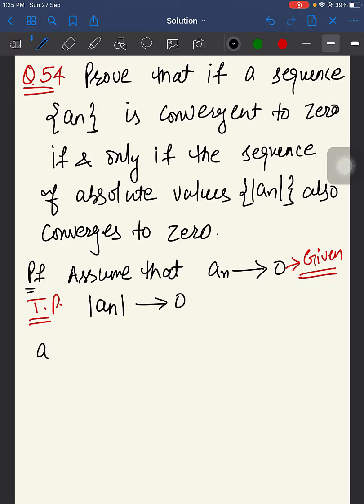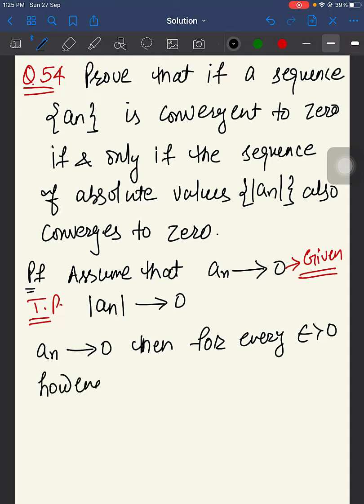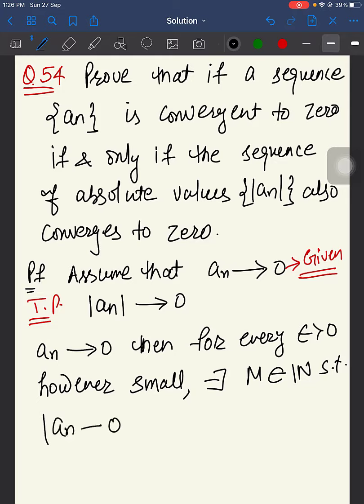So by definition, if an converges to 0, then for every epsilon positive, however small, there exists M belonging to N such that the difference of an and 0 can be made less than epsilon for all n greater than or equal to M, or maybe strictly greater than M, doesn't matter.